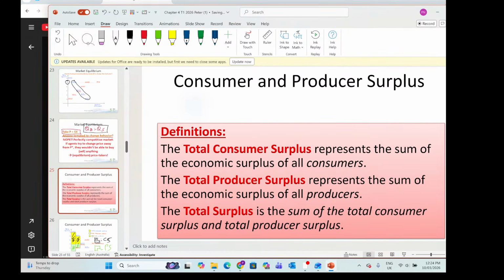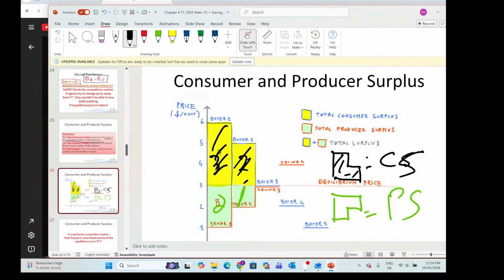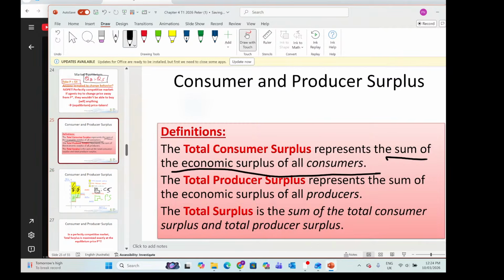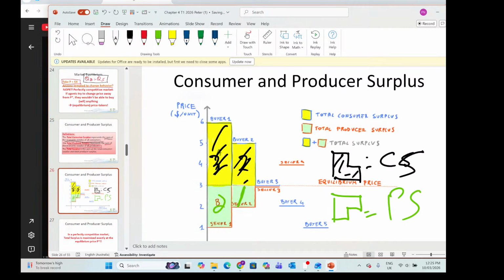Okay, so the total consumer surplus represents the sum of the individual consumers. We did that on the next slide. We just coloured the two, buyer 1 and buyer 2. The total producer surplus represents the sum of economic surplus of all the producers. Again, we did it on the next slide.